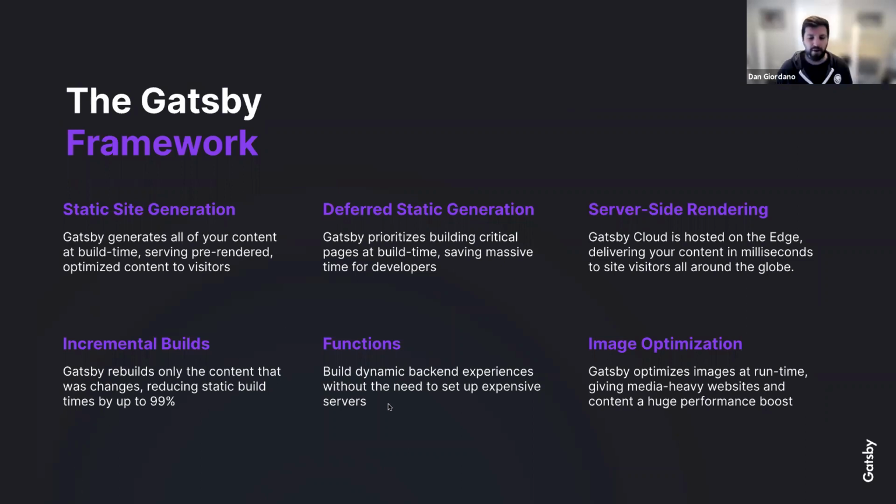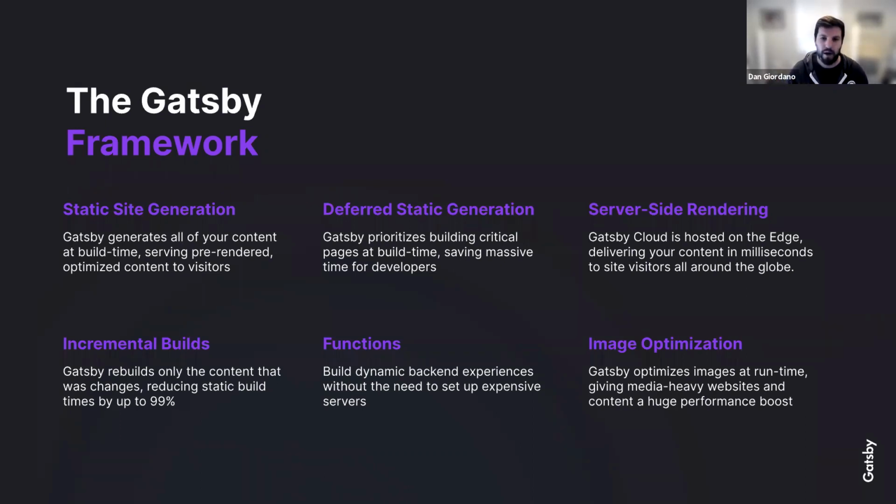Incremental builds we talked about, so I won't go through that again. Functions, another really great service on Gatsby Cloud Platform, are serverless functions that will allow you to quickly manipulate data, either grab it, optimize, or transform something. With something like a form, functions are great. You can connect to really any database, have a form filled out, and send that data to the database live.